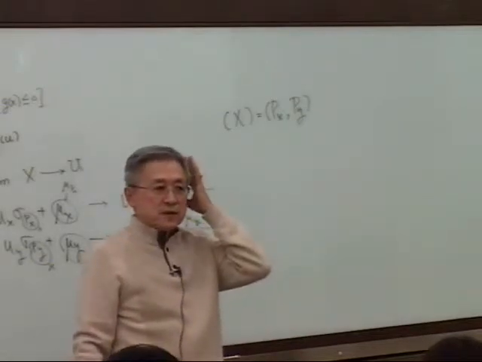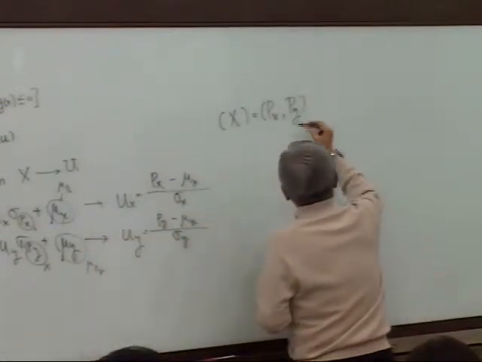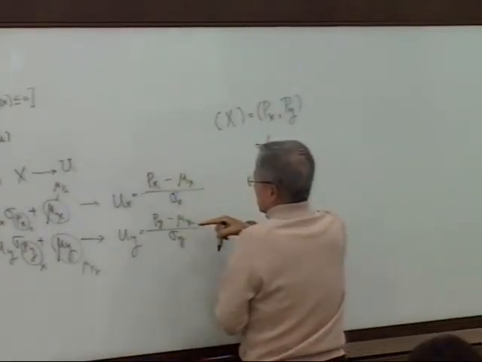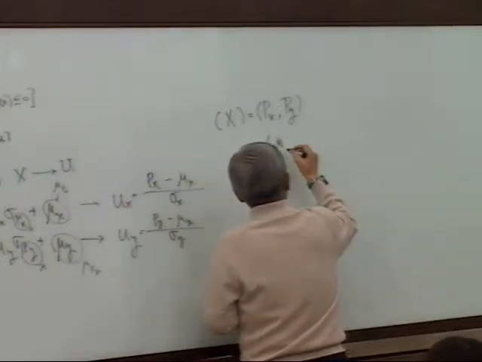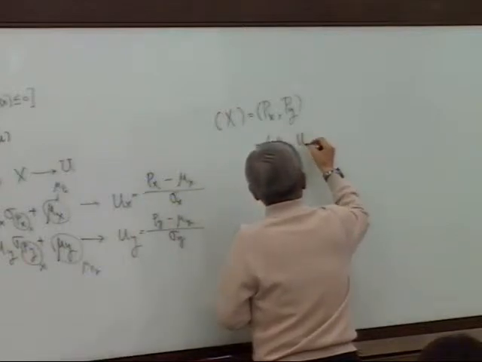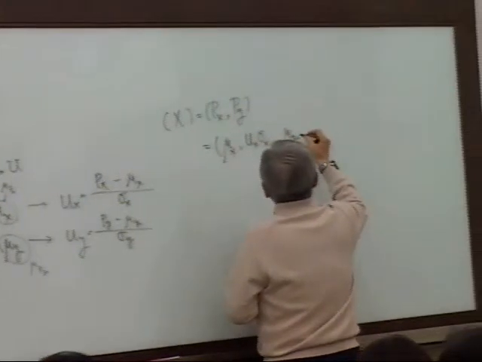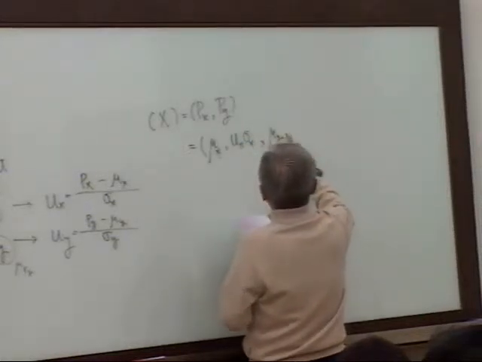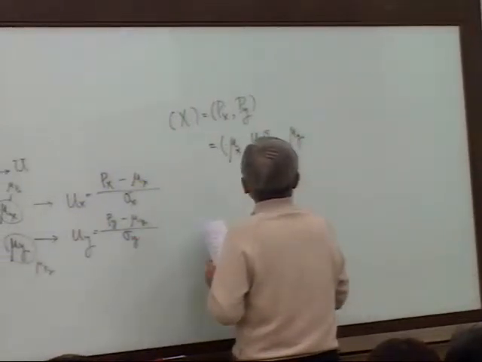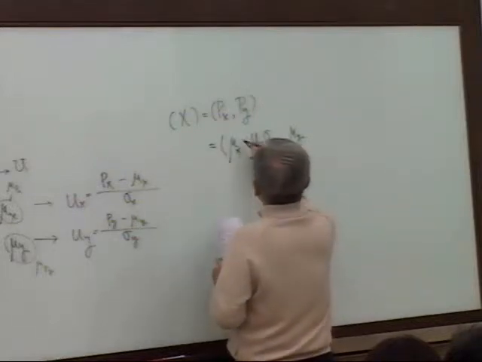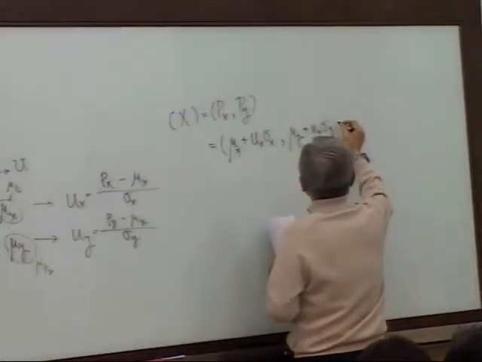All others happen to be constant. So Px equals mu x plus Ux sigma x, and Py equals mu y plus Uy sigma y.